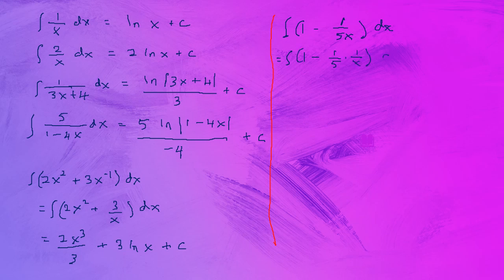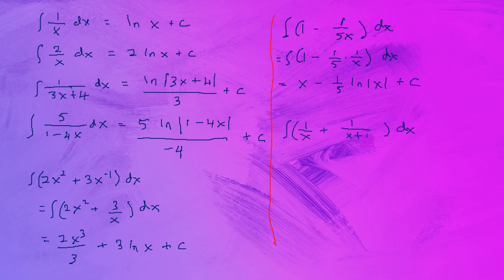So that we can integrate 1 with respect to x, we get x minus the integral of 1 over 5 multiplied by 1 over x. 1 over 5 is a constant, so we just write 1 over 5. So integrate 1 over x, we will get ln x plus c.